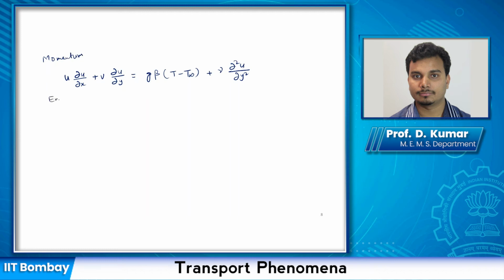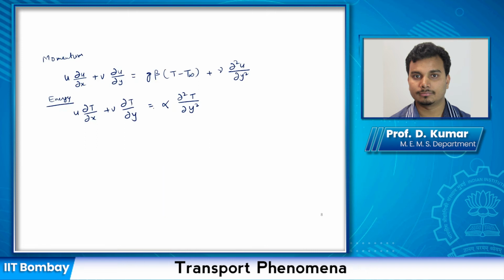Then you will similarly have the energy equation, which will be similar: u dou t by dou x plus v dou t by dou y. And again we are ignoring the viscous dissipation term in the energy balance equation.